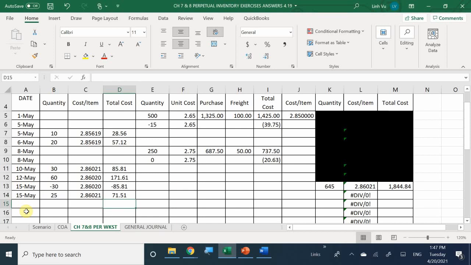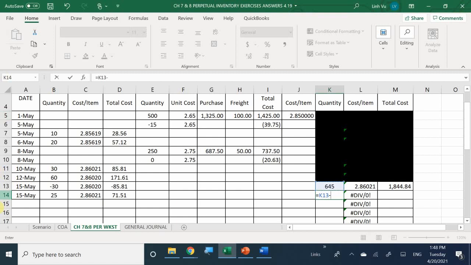That's the number that I'm looking for. That's how much it's going to cost me to sell 25 of those cups: cost of goods sold. So now I need to update my inventory right now so I don't forget. In this case, I need to subtract out 25 items and subtract out 71.51. How much is my ending quantity?